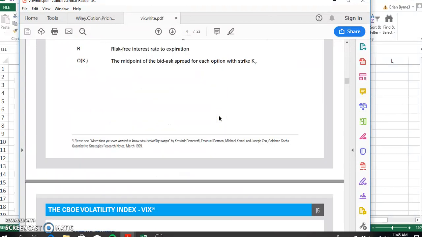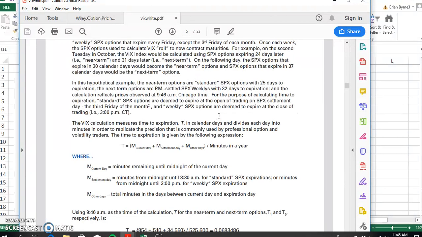Now, if we look at how it pans out in the estimation, that means for any expiry date, when we're running the estimation at the time of the calculation, there is a number of minutes until midnight of the current day.